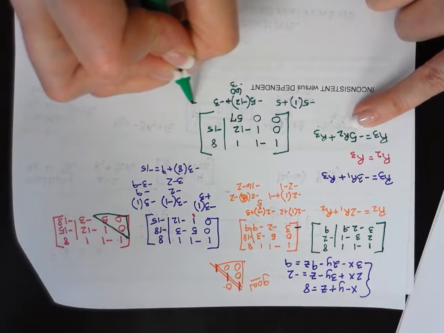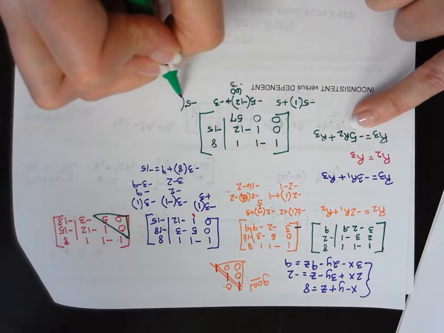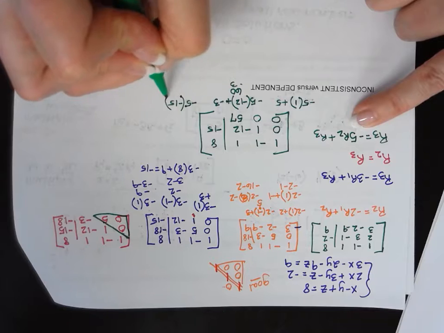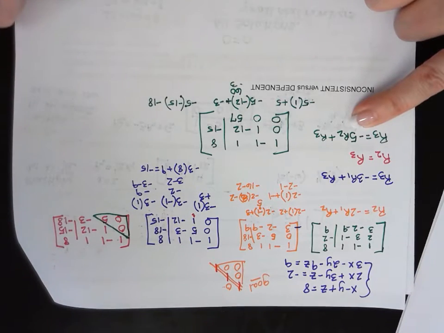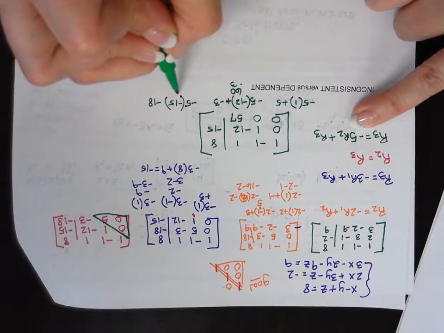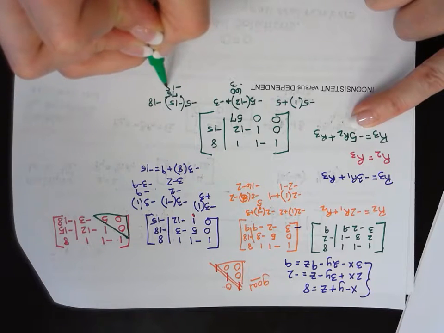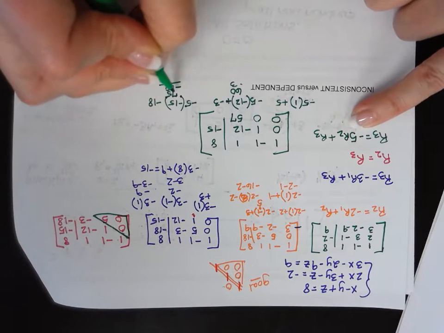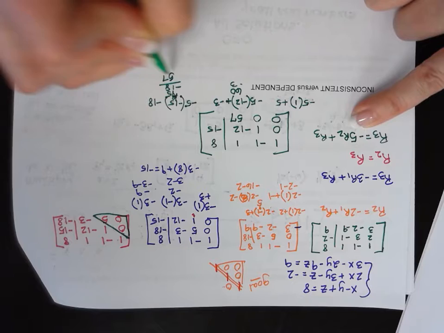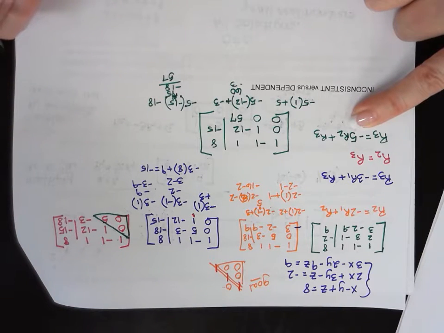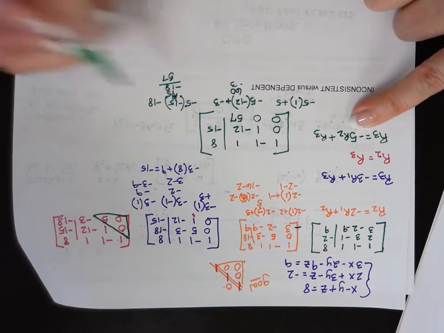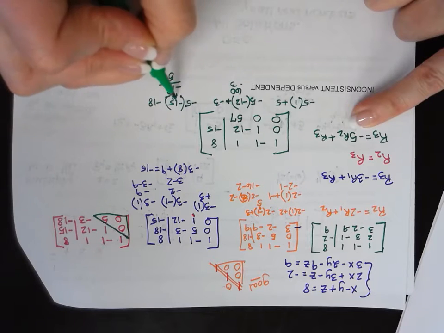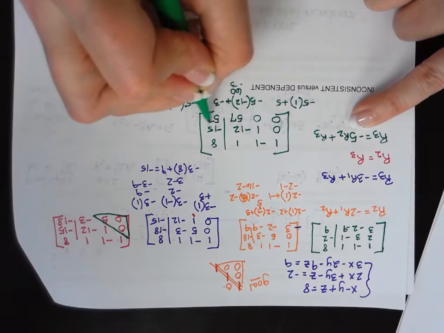And then negative 5 times negative 15 minus 18. So 75 minus 18 gives me 57. Oh, yeah.